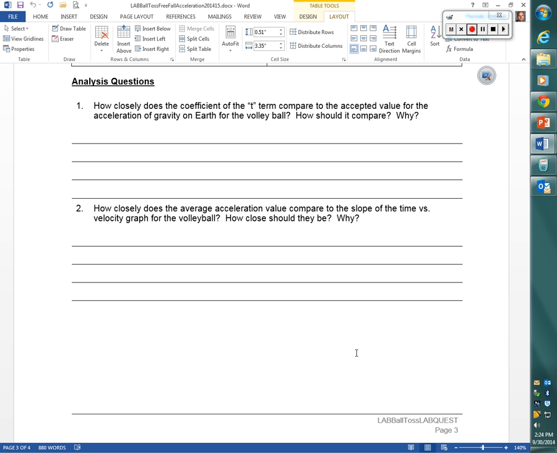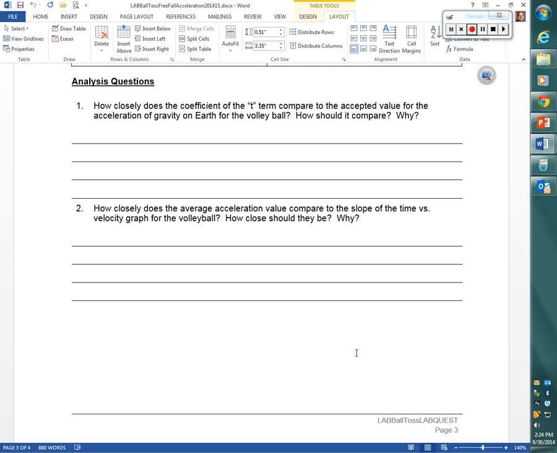Because, look, we're dealing with the uncertainty and the inaccuracy of the actual measurements that we took, right? We are dealing with air resistance, so they're not exactly 9.81. Also, depending on what section I highlighted of the graph and how many points were included, we may not have had exactly the same points highlighted each time.